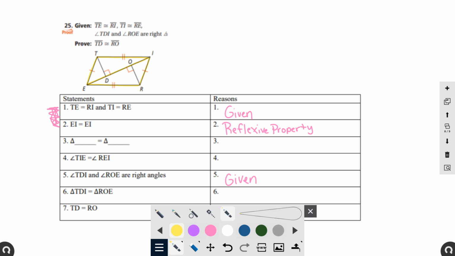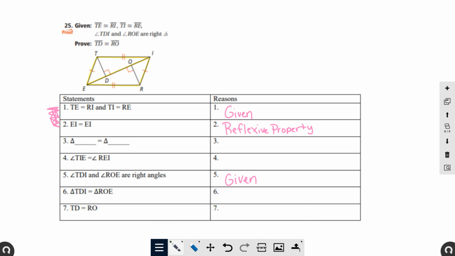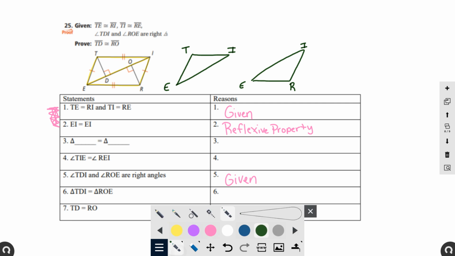No. So let's draw those triangles to the side. And you might have to do this multiple times. So here would be triangle TRI. And then here we have triangle EIR. Those are the triangles that it's talking about in these first two sentences.